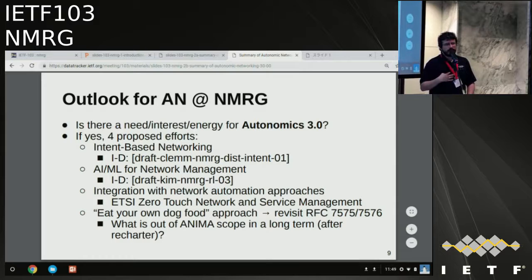This could lead to a better understanding of what is expected to have in an autonomic network in the future, or even to understand what gaps ANIMA has in its charter that can be worked on in a research manner by the NMRG.